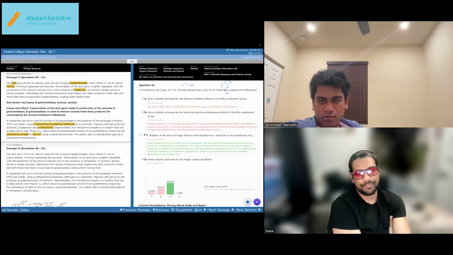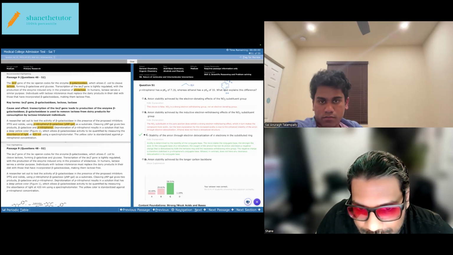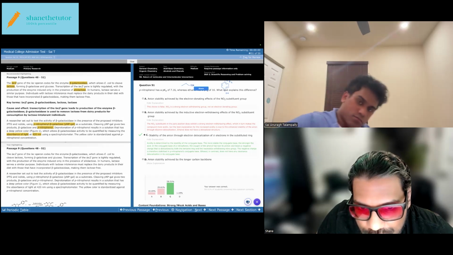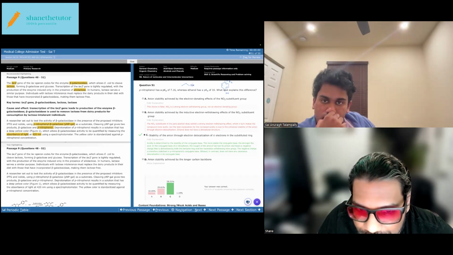So for instance, ethanol, if it loses its hydrogen, it's just an O minus, and it's not very stable like that. It's not stable at all.